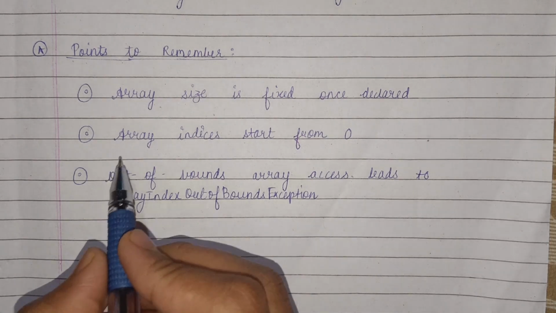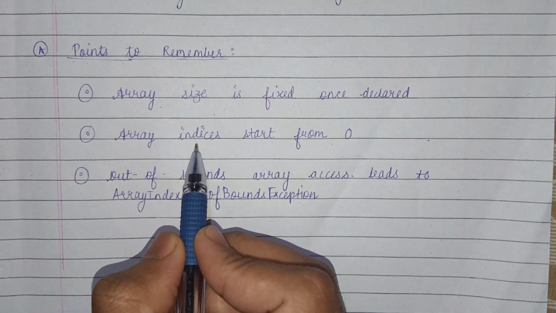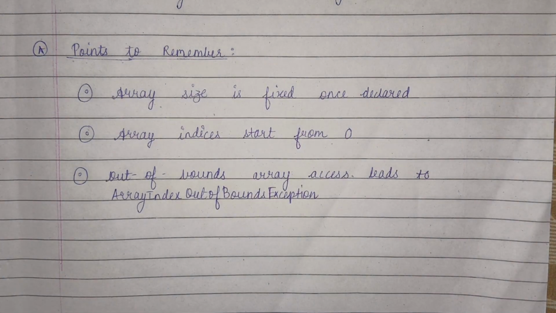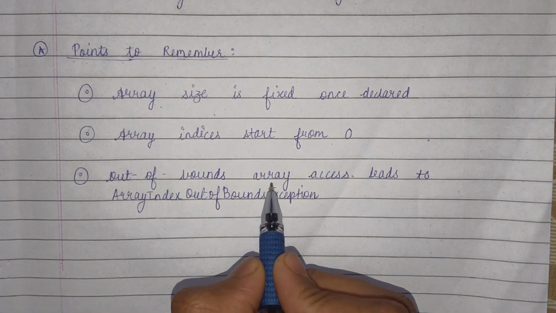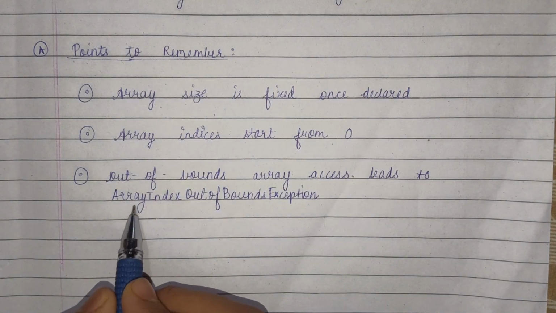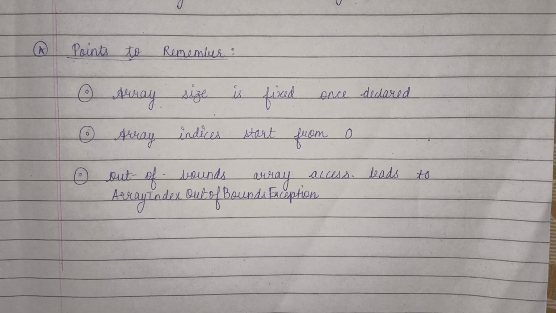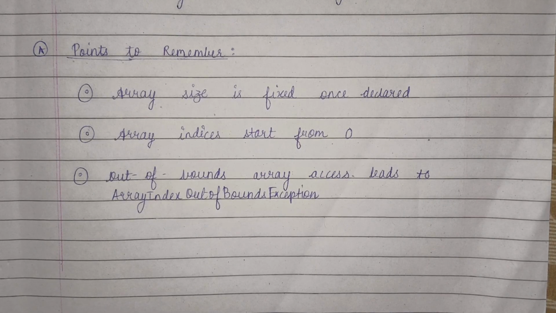Now second point, array index starts from 0, as we have seen. Now third point: out of bound array access leads to ArrayIndexOutOfBoundsException. When running a loop, sometimes we do not give the condition properly, and the iterator tries to access an index greater than the array size.